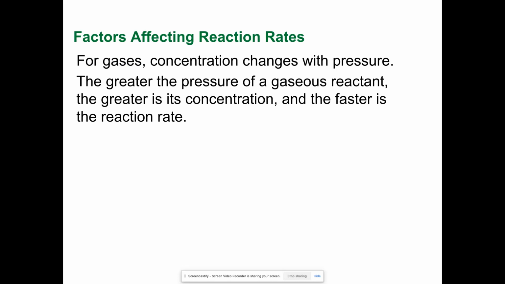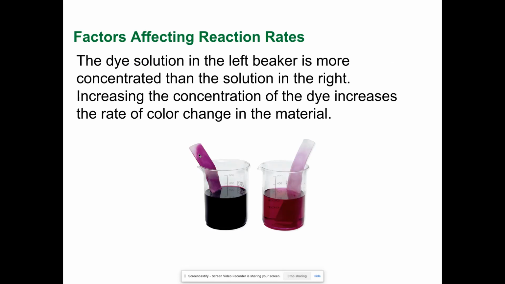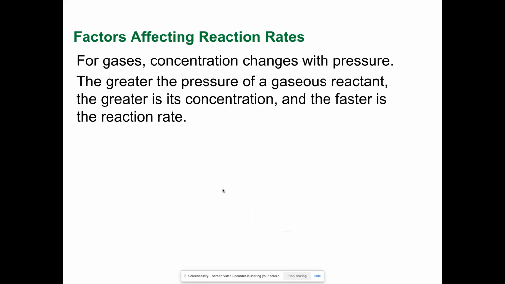So look at this white cloth here and this white cloth here. If you dip it into a heavier concentration, this will get darker quicker than this one will. Now, if you leave them in there long enough, this will soak up just as much dye from the solution as this one will, but this one will do it quicker.